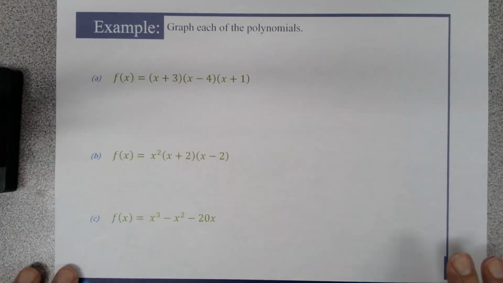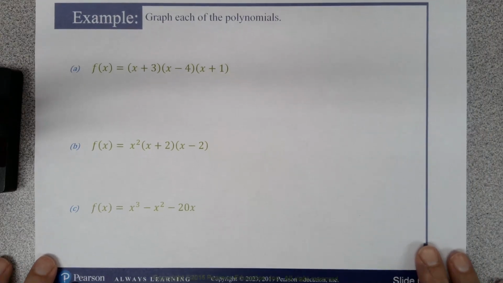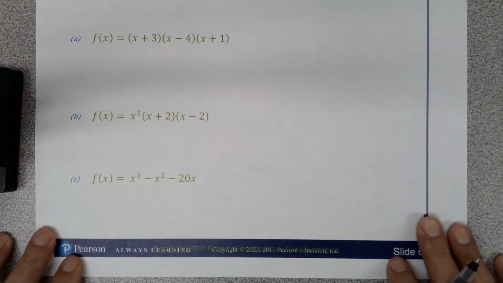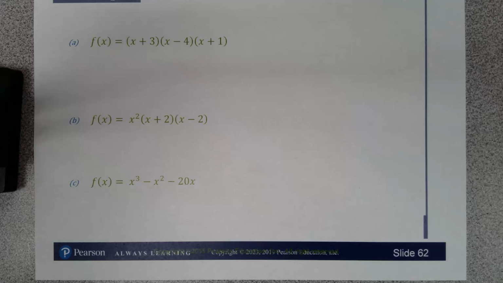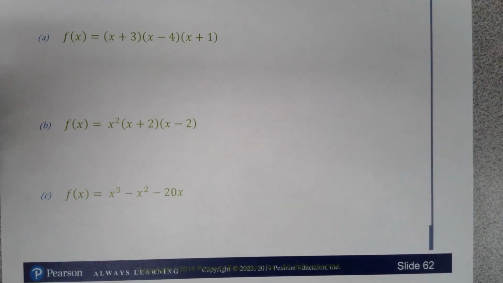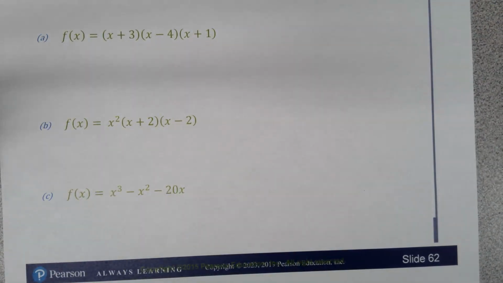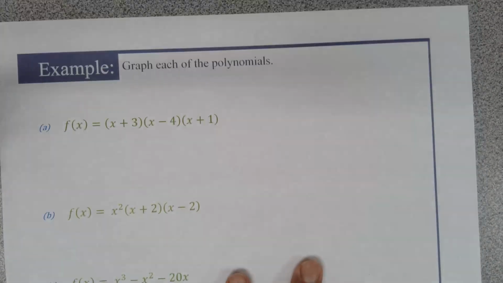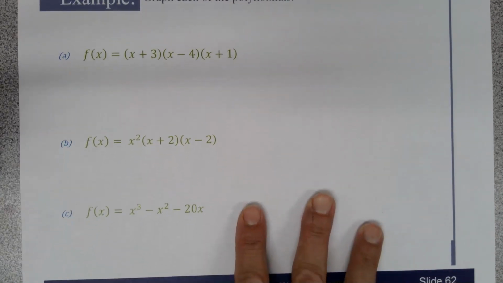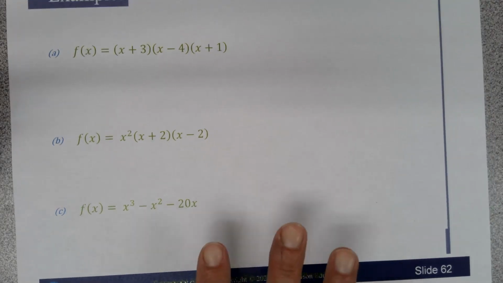Nothing quite so drastic, but I wanted to show you something with some higher power so we could talk about evens and odds. So I want you to think about what we just did and try letter A here. The directions say graph each of the polynomials, and here we've got our first polynomial.